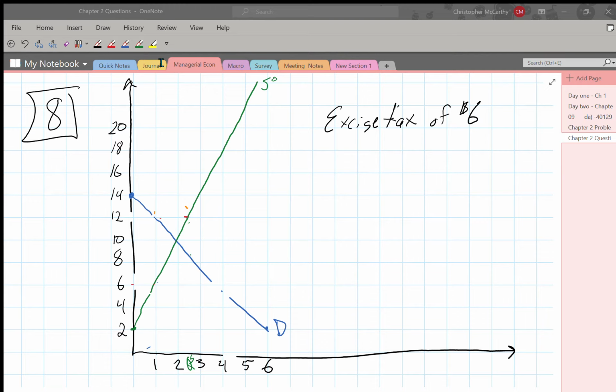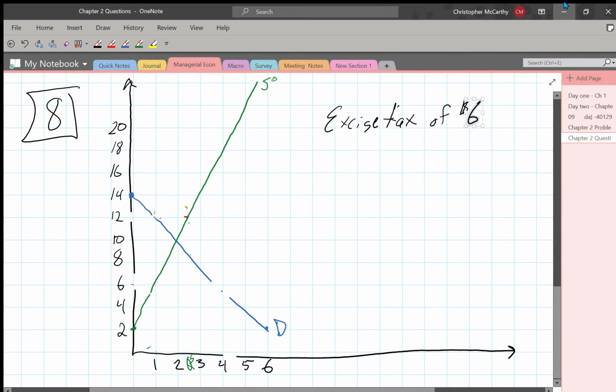A tax on certain things that are being made, sold, or used, a tax similar to sales tax imposed on some goods. So it's just a tax that's imposed per unit of production, right? If it's a tax imposed per unit of production, how do we represent that graphically?